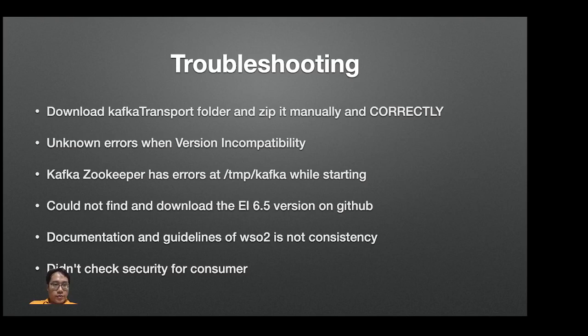Unknown error when version incompatible, because you know that Kafka has many versions, and EI has many versions as well, so it's easy to get the unknown error with version compatibility.